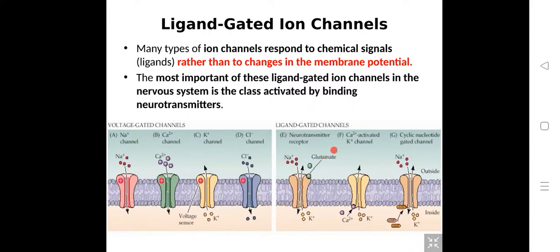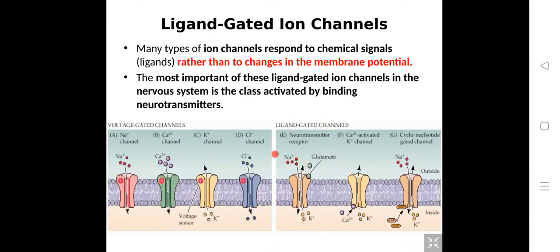Now, when it comes to ligand-gated channels, I think we talked about this. We talked about a receptor on the extracellular side of the integral membrane protein, which is known as a receptor. So in this particular example, glutamate is the chemical which binds this receptor, and when it binds this receptor, it causes opening of this channel, and when the channel is open, sodium ions go in and potassium ion goes out.